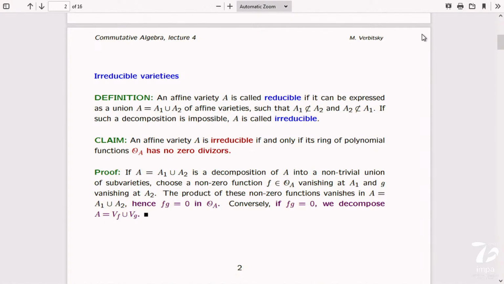And moreover, A1 doesn't contain A2, and A2 doesn't contain A1. So this is a true decomposition and not something artificial.